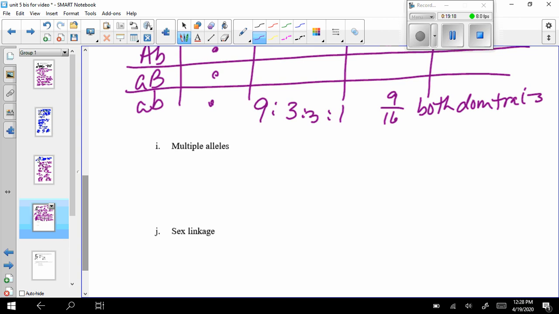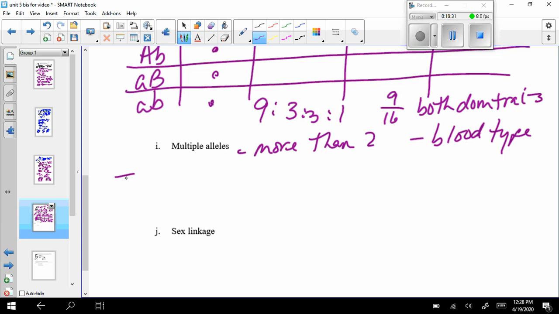All right, multiple alleles. This is when you have more than 2. Blood type is a great example to use here because you can relate to it. So the alleles for blood type are I^A, I^B. The I stands for immunoglobulin, which is a blood typing.